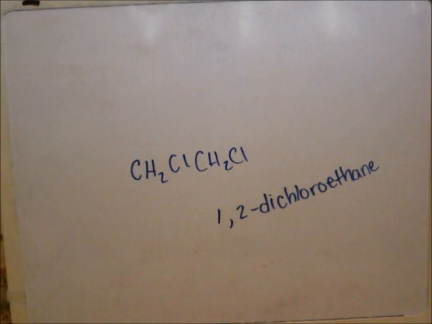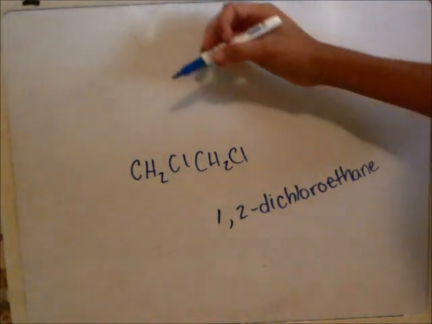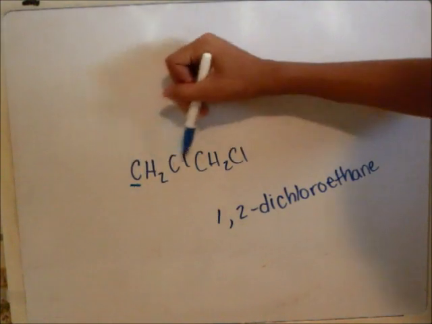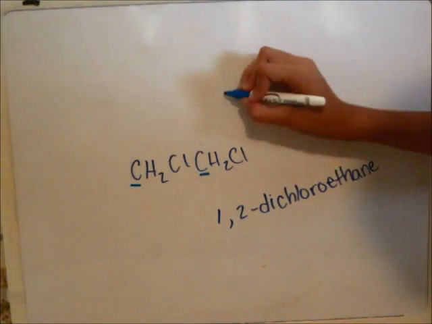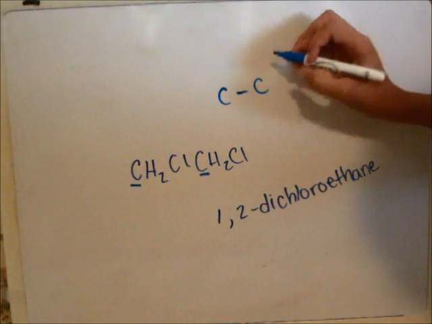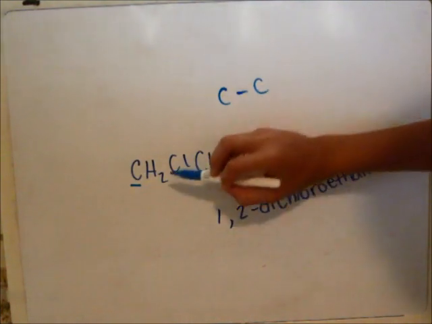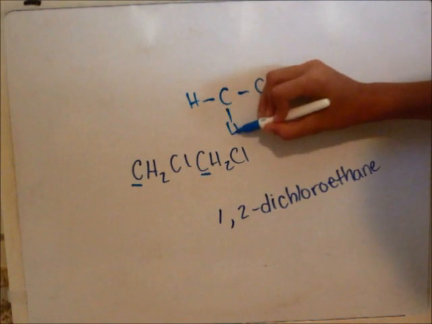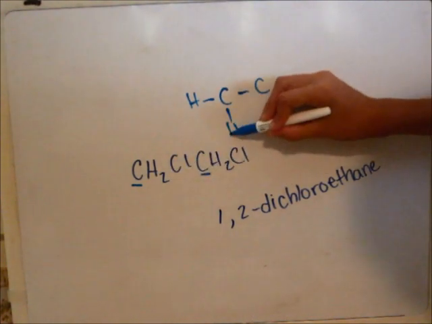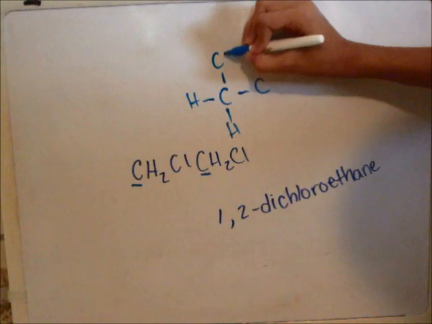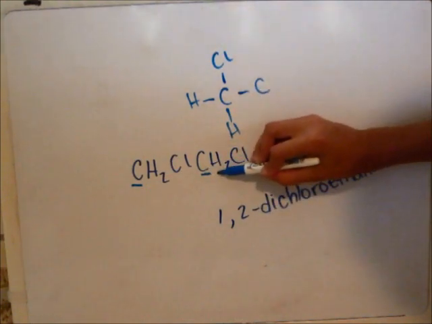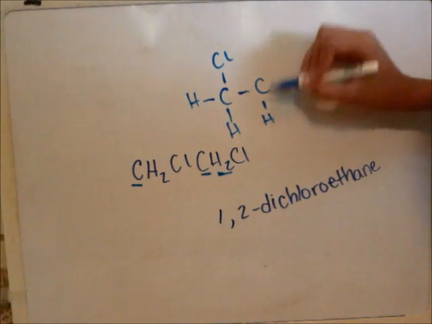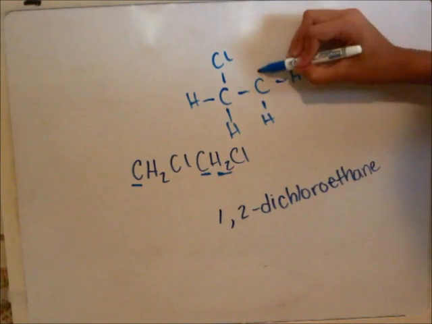And if you don't believe me, let's try to draw it, because this is the trickiest way to draw things. There are 2 C's, only 2. So you can draw that, and then there are 2 H's on that C, and also a Cl, and then 2 H's on the other C, and another Cl.